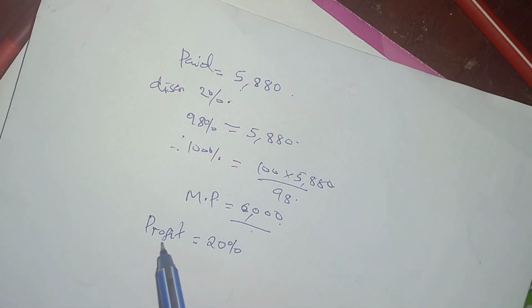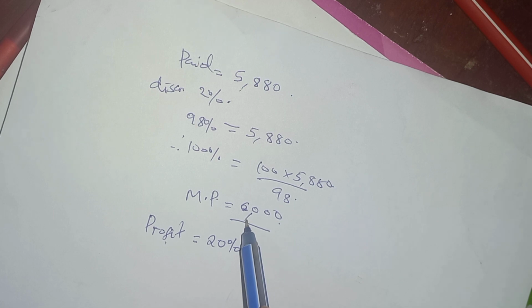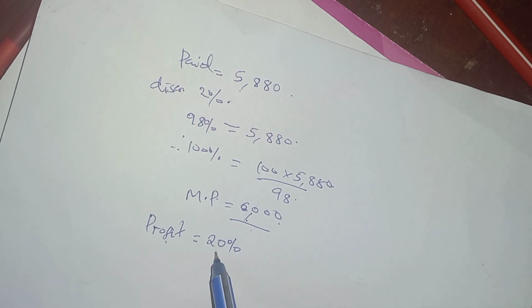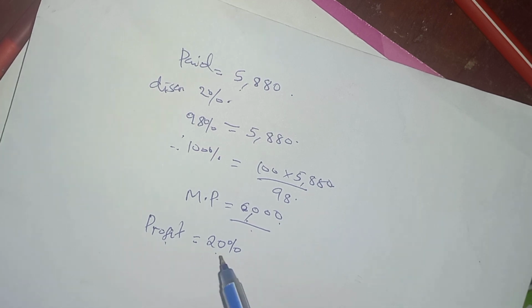So the profit that will be made when this good is sold at 6,000 will be 20%. So we are supposed to calculate the price at which the shopkeeper bought this suit.